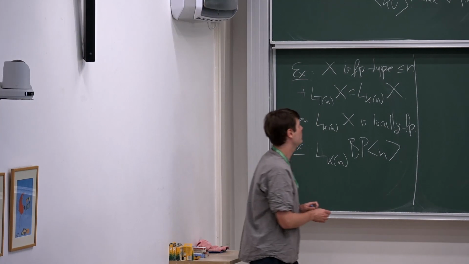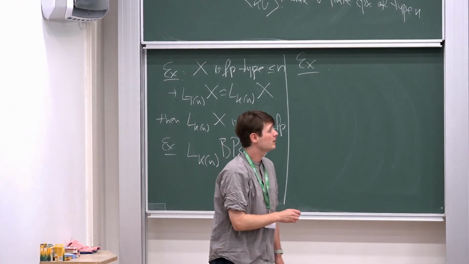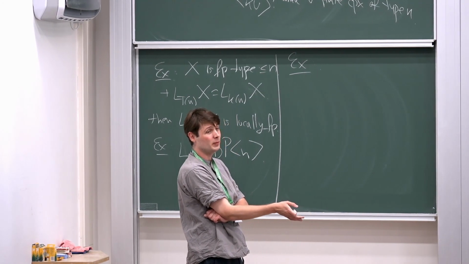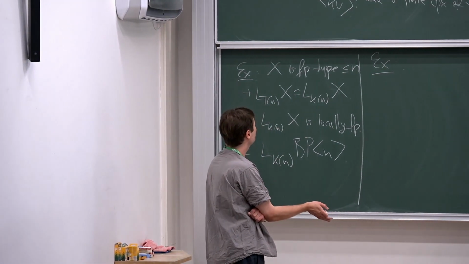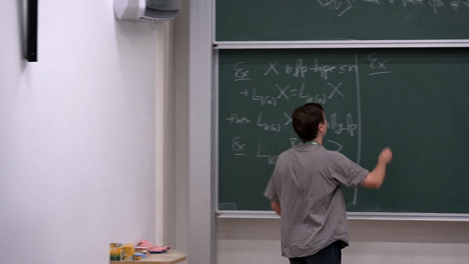But there are new examples now here. Like I mentioned, in the bounded below case, no finite spectrum can ever be FP. As it turns out, in the monochromatic story, finite spectra always are FP.